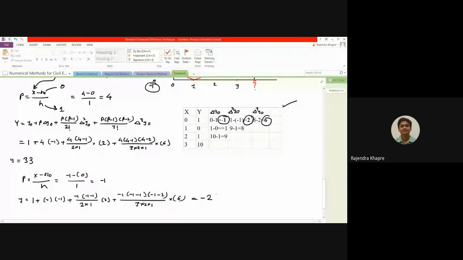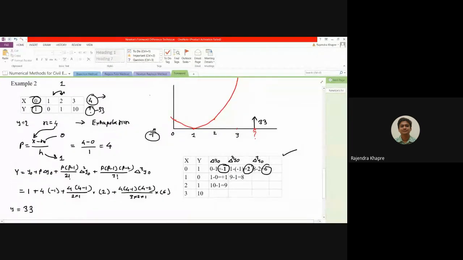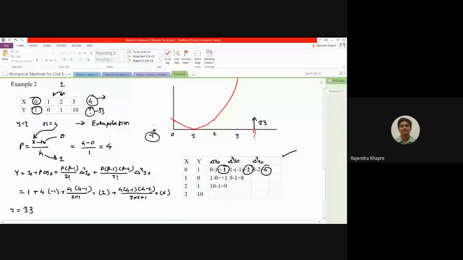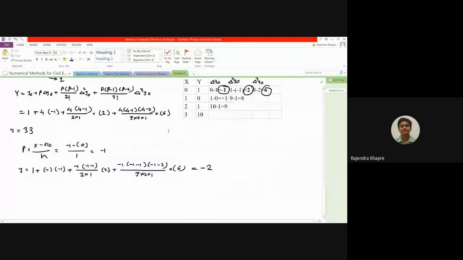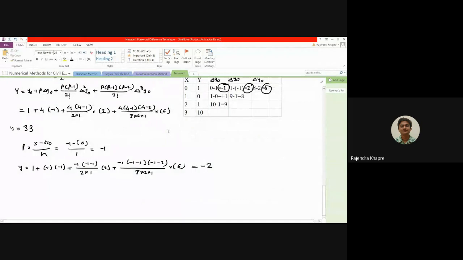Minus 2. So if you plot a curve, this will be nothing but minus 2. This will also be called extrapolation because the value of x is not lying within the data set, it is lying beyond the data set. This is on the earlier side, the other value was on the higher side.